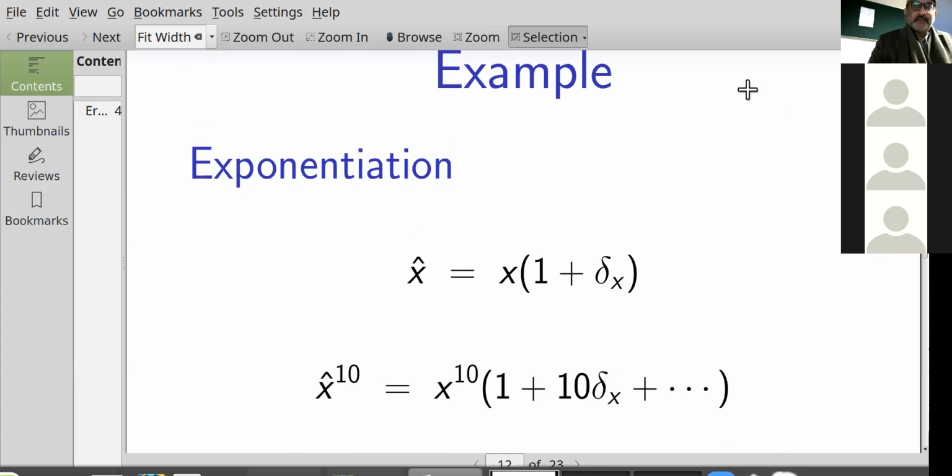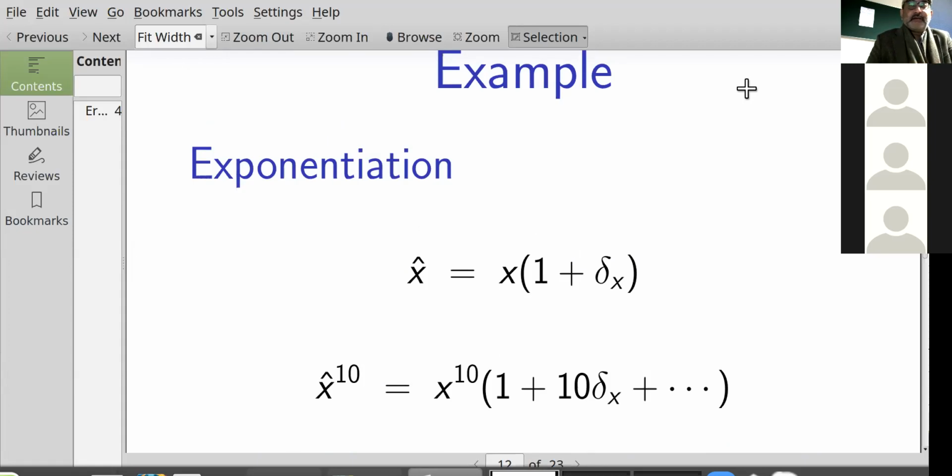And then if we multiply that by itself 10 times, what we're going to get is the number we wanted, x to the 10, times 1 plus 10 times delta x plus something times delta x squared plus something times delta x cubed, so on up to something times delta x to the 10.